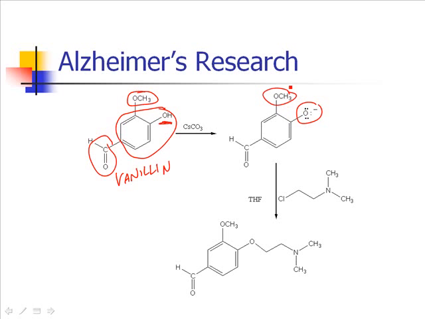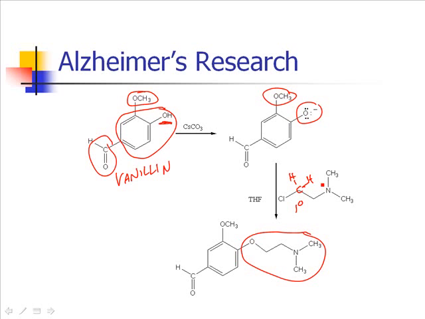As part of our research, we want to synthesize molecules that have an amine attached off of the oxygen that was once the phenol. And we do this by taking this particular alkylating agent, which is our electrophile. It's a primary alkyl chloride. Note that chloride is a very poor leaving group, and yet this is the way that the molecule is sold commercially.